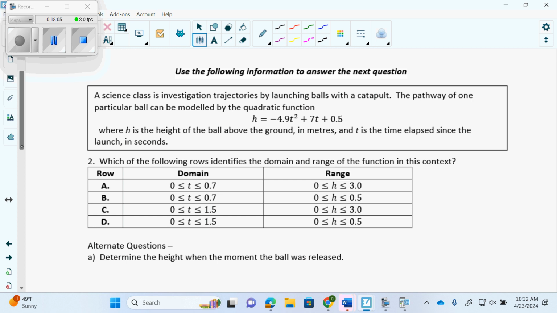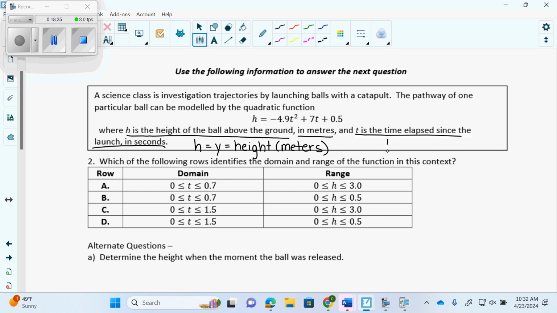Where h is the height of the ball above the ground in meters, and t is the time elapsed. So to help myself out, I say h equals y equals height, and then I write meters. And t is the time elapsed since launch in seconds.